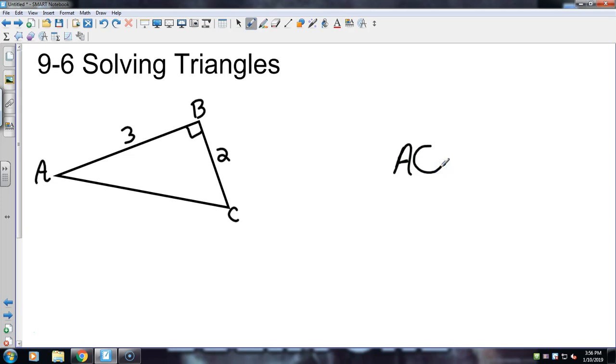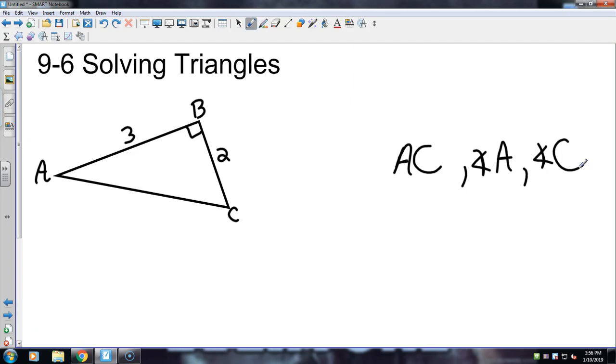I'm looking to find AC, which I don't know, and I also don't know angle A, and I also don't know angle C. So we're going to use everything that we know to find those.